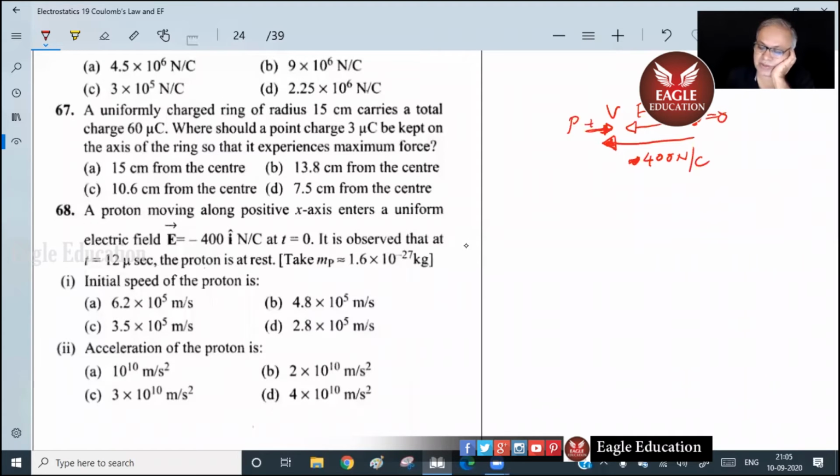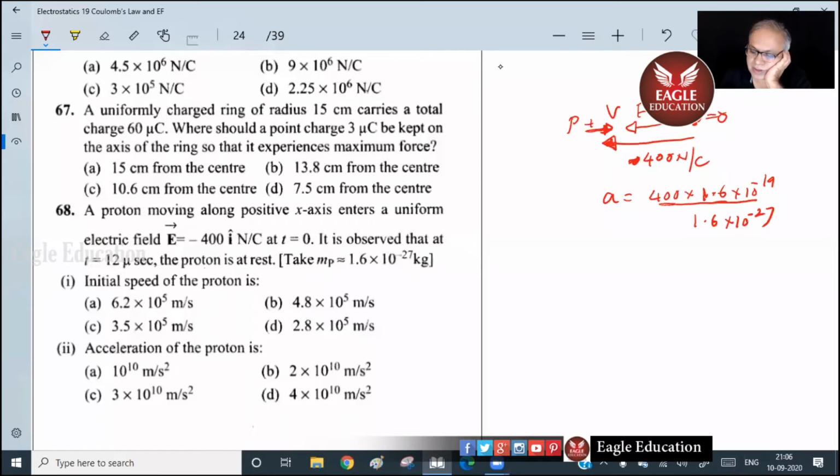Since E is constant, with a equal to EQ by m, acceleration is constant. Acceleration equals 400 into Q by m. What is the charge of the proton? 1.6 into 10 to the power minus 19, the same as the charge of the electron. The mass of the proton is approximately 1.6 into 10 to the power minus 27.